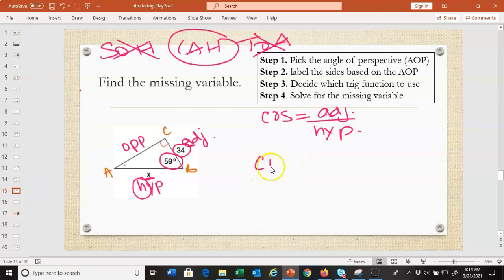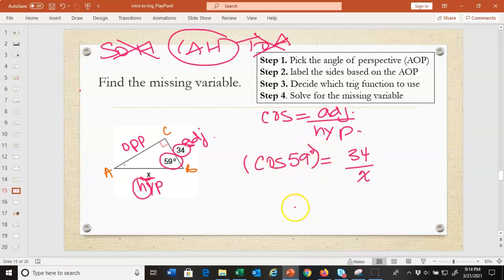So there we go. Let's do cosine of the angle. The angle is 59. And adjacent is 34. And hypotenuse is x. If you really wanted to, you could go ahead and replace cosine of 59 with the decimal if it bothers you that much to be carrying this around.